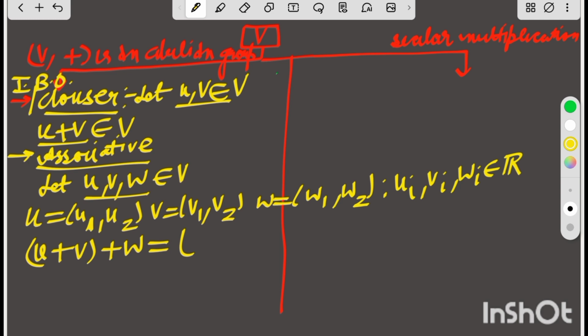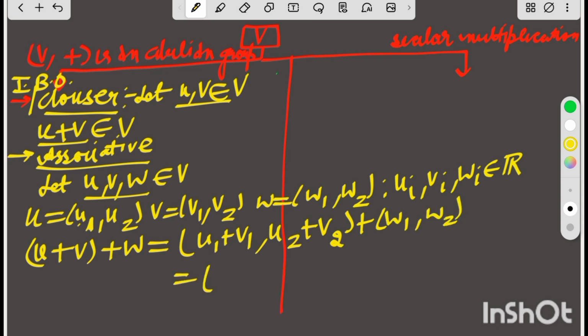The result is, if we add them, they are added component-wise. So we get (U1 plus V1, U2 plus V2). Then we add (W1, W2). It provides us (U1 plus V1 plus W1, U2 plus V2 plus W2).